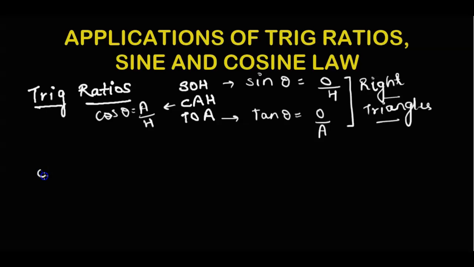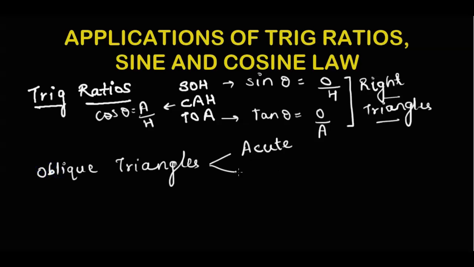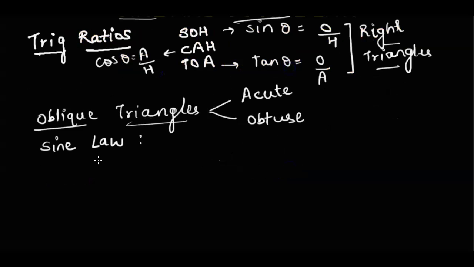However, when we have oblique triangles, that includes acute as well as obtuse triangles, then we use sine or cosine law, where sine law relates the sine of an angle to its opposite side in the form of a proportion.